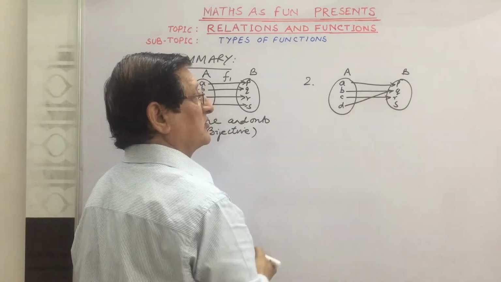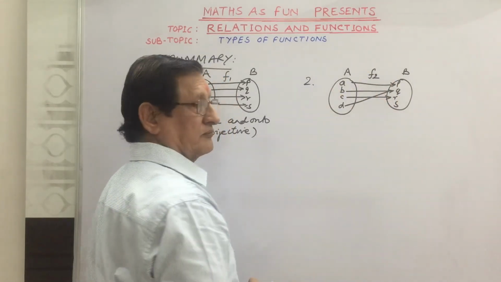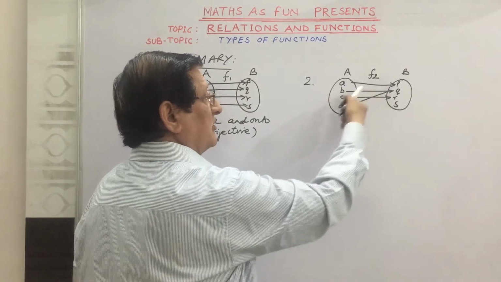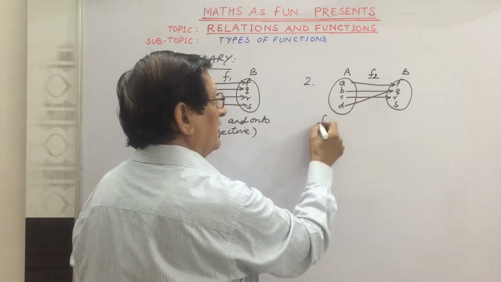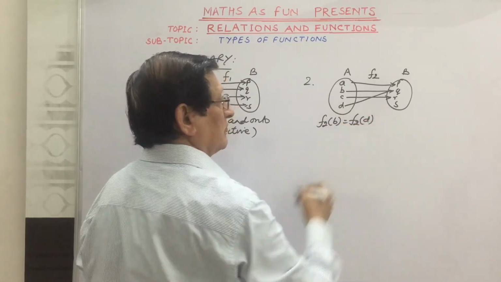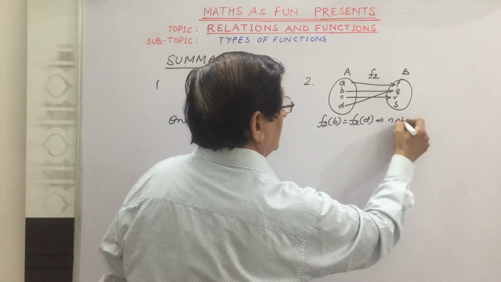Then what type of function it is? Suppose it is f2. So every element is related, but two elements b and d are having the same image. We have here f2(b) is same as f2(d). So we can say it is not one-one.